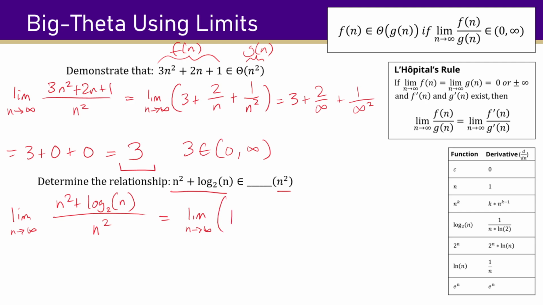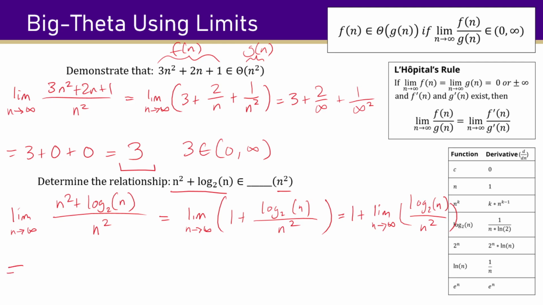So we get 1 plus log base 2 of n divided by n squared, like that. And we can actually pull out the 1 because the limit as n approaches infinity of any constant is still going to be that constant. So we end up with something like this, and we can see that this will result in something of indeterminate form of infinity over infinity.